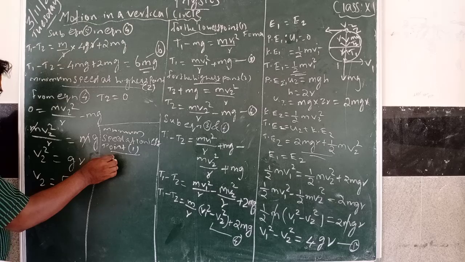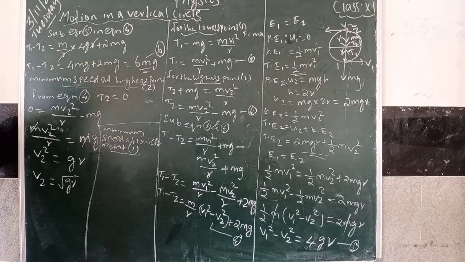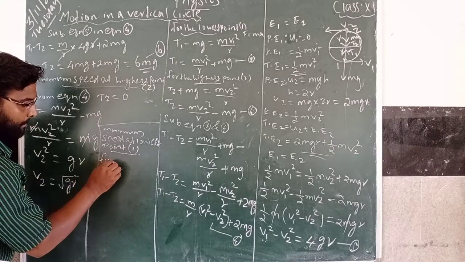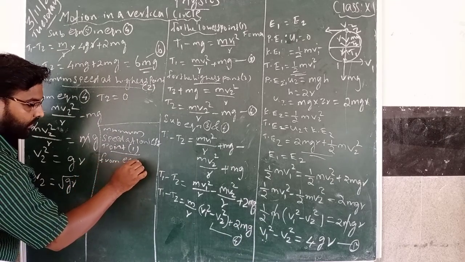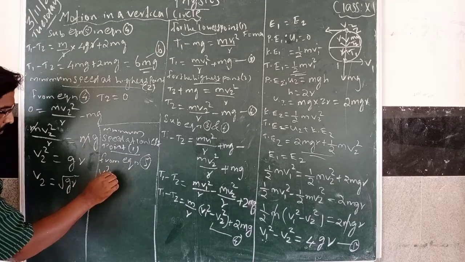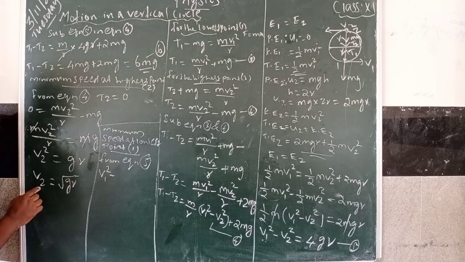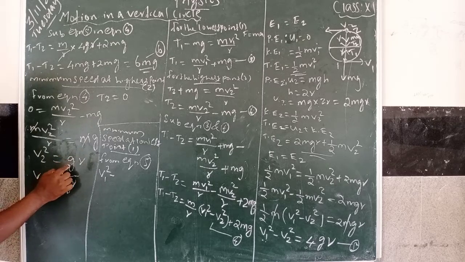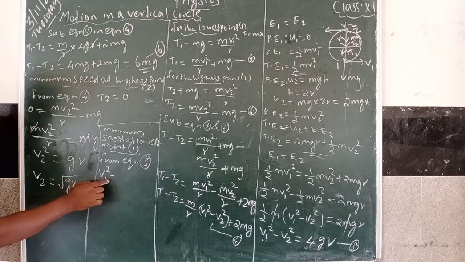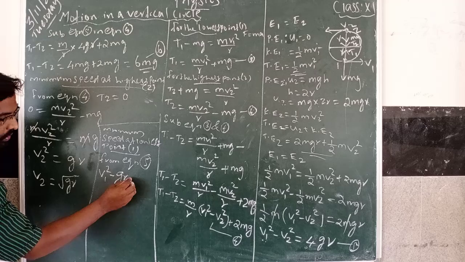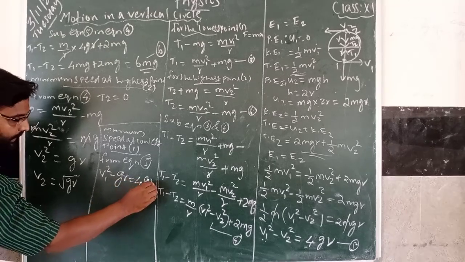For that, you can take equation 5, V1 square minus V2 square, and we can put this value here. V2 is root gr. V2 square is gr. So instead of V2 square, you put gr, equal to 4gr.